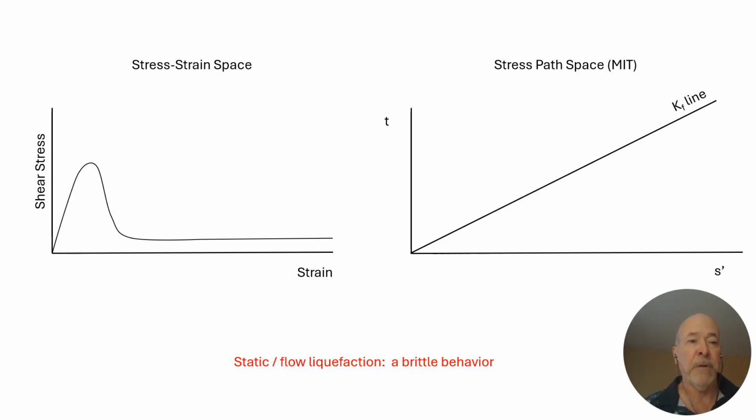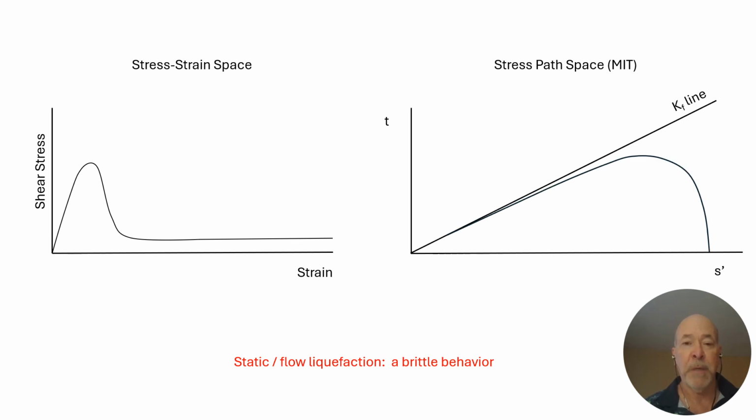So this is a characteristic failure curve for flow liquefaction. We can see at very small strains, we've got a peak and a very rapid drop off, so it's very brittle, drops down to pretty low strength. And in stress path space, it looks like this.